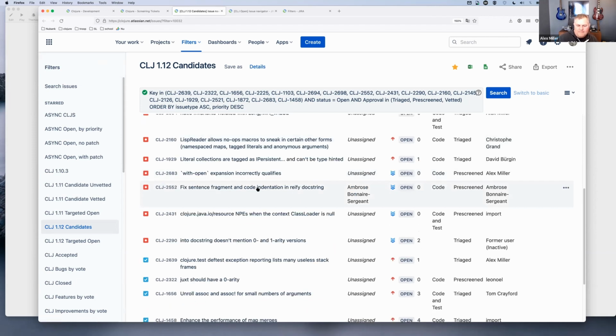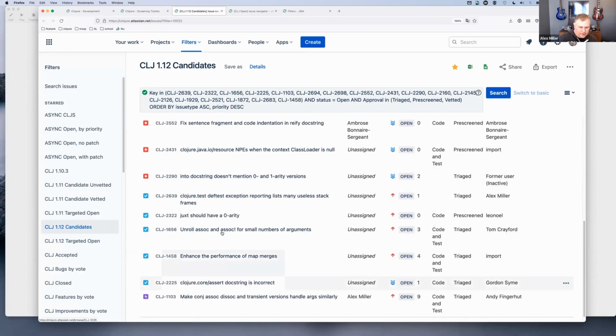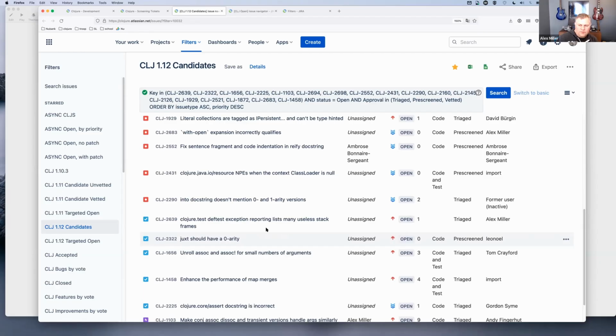Most of these are bugs. There are a handful of improvements and features here that were actually in the queue for 1.11 and Rich didn't look at. I believe most of these more improvement type issues have had attention from Fogus and I, except maybe this map merges one, which I just pulled in there. So those probably have had more work done on them.